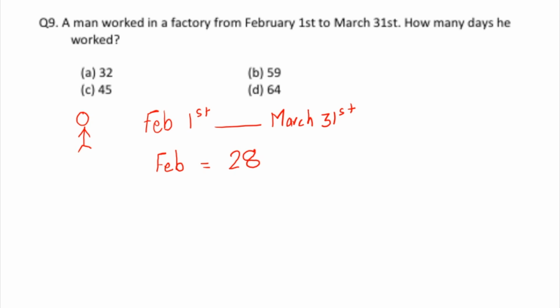Okay, and in March, how many days are there? 31 days. So he worked for 2 months, February and March. So we have to add the number of days. 8 plus 1 will give us 9. 2 plus 3 will give us 5.